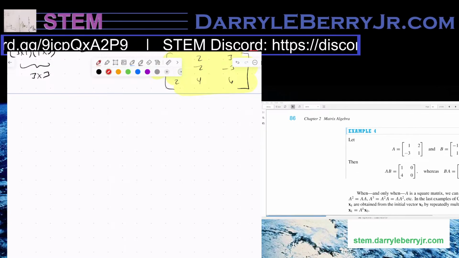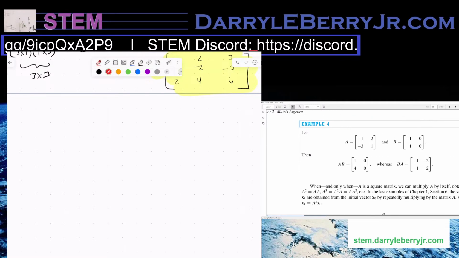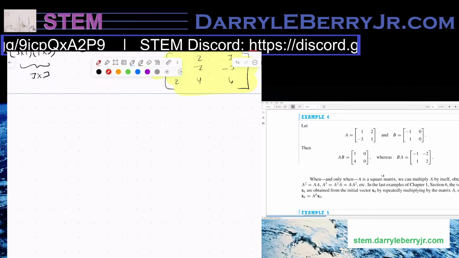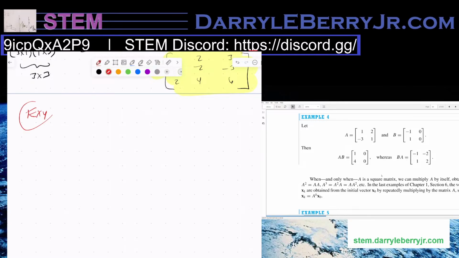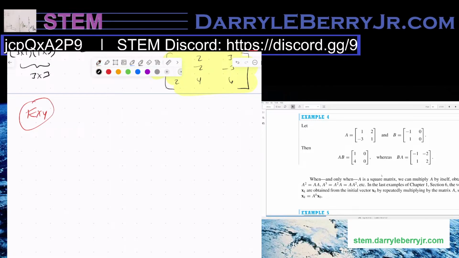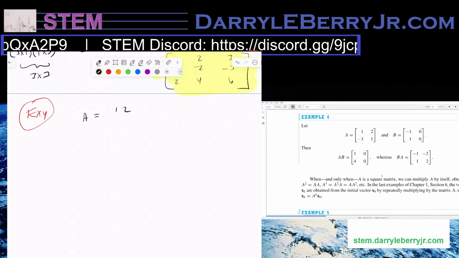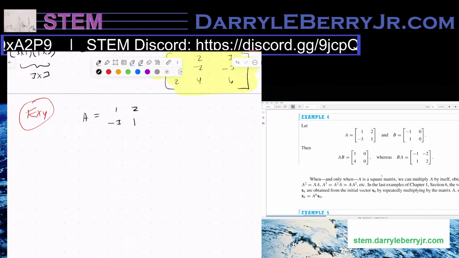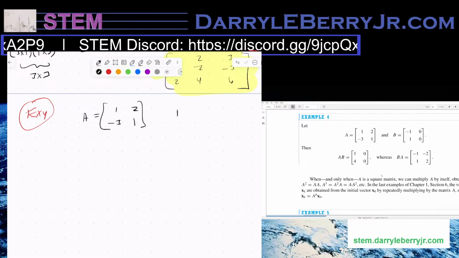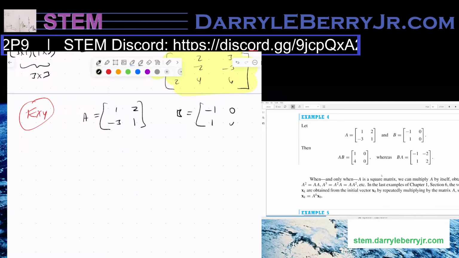Example 4. A equals 1, 2, -3, 1, and B equals negative 1, 0, 1, 0.